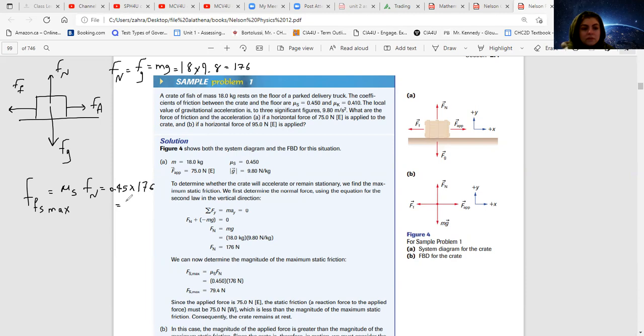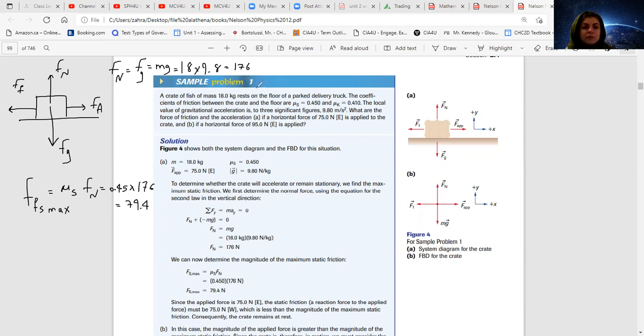This gives you 79.4. So this is the maximum static friction. As you see, we are applying 75, which is less than this maximum friction. You cannot overcome that force. That's why applying 75 Newtons will not make your object move, right?